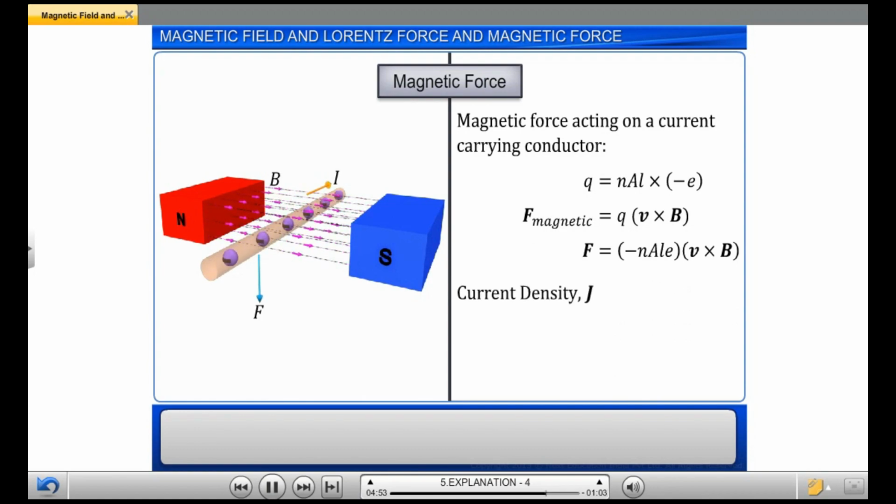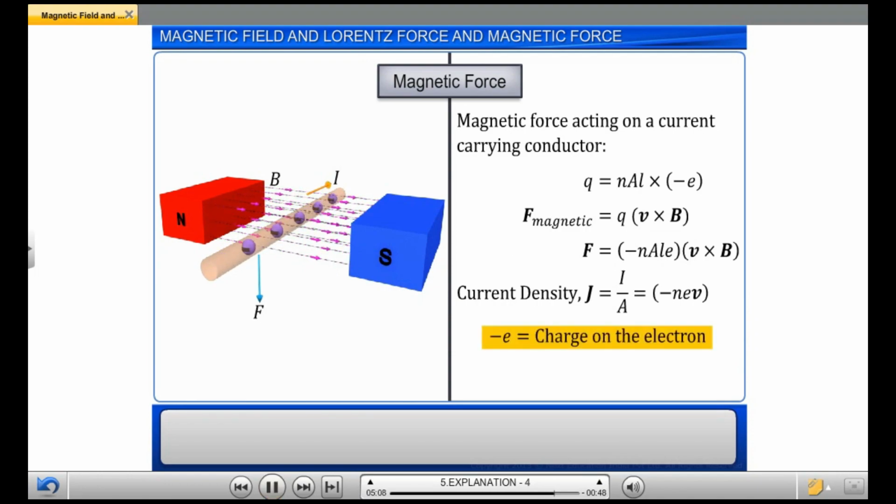As current density J is defined as the current per unit area, it is equal to current I divided by area A, which is equal to minus NEV, where minus E is the charge on the electron and V is the average drift velocity.